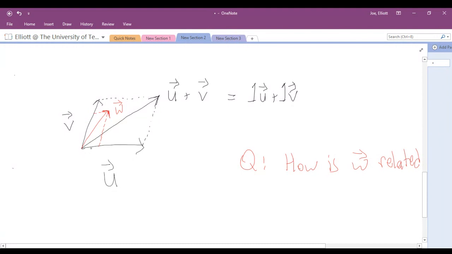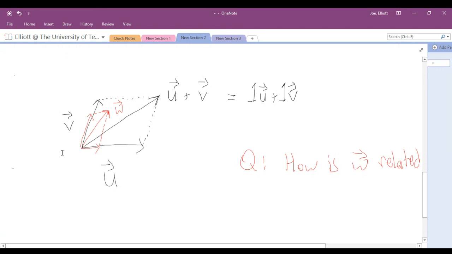So if I draw this vector down here, and then this vector up here on the left, notice that this vector here is a scalar multiple of u.